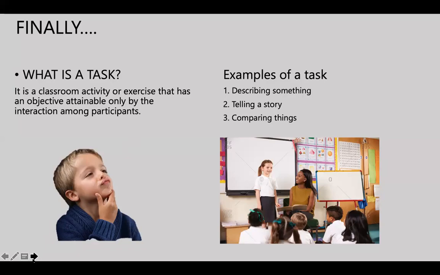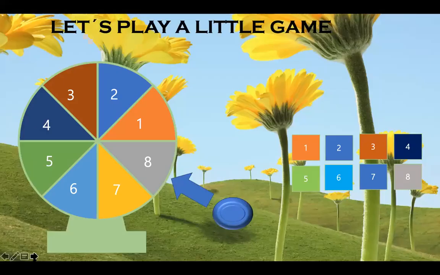Okay, now it's time for playing a game, and I need some volunteers, or maybe I'm going to choose. Can I go first? Okay. In this game, the participants, in this case you, will have to say stop.